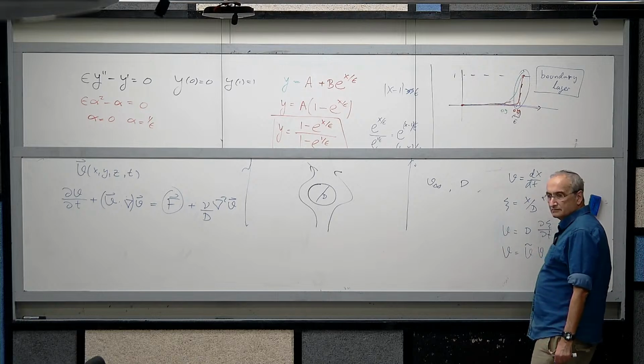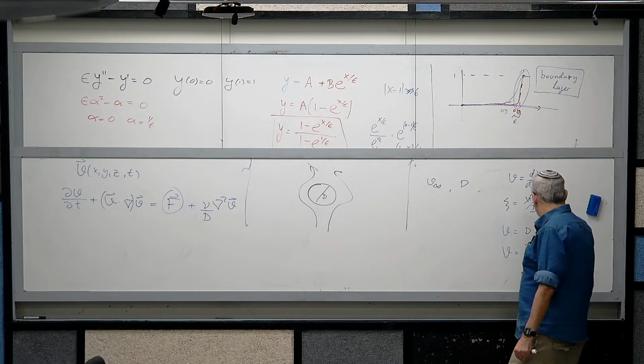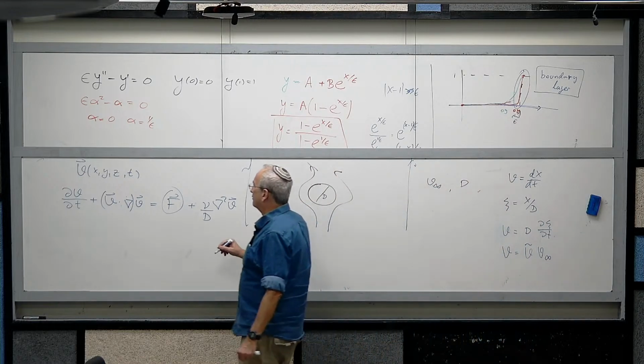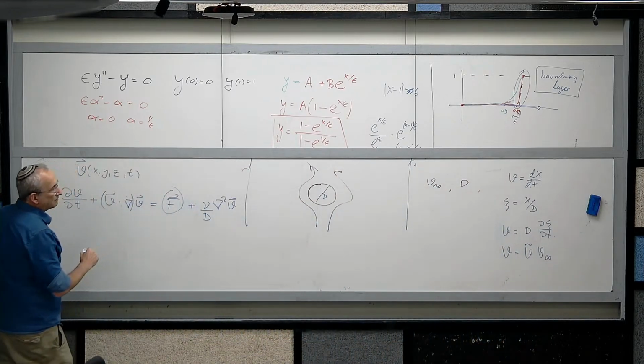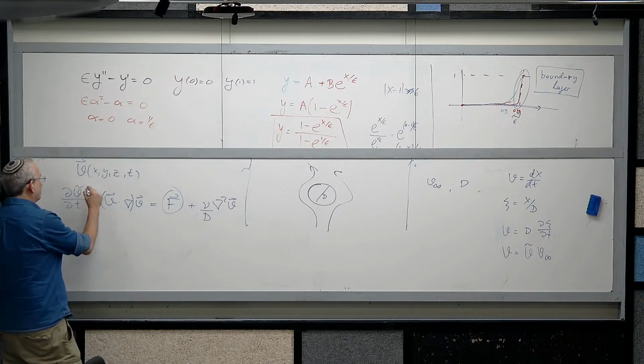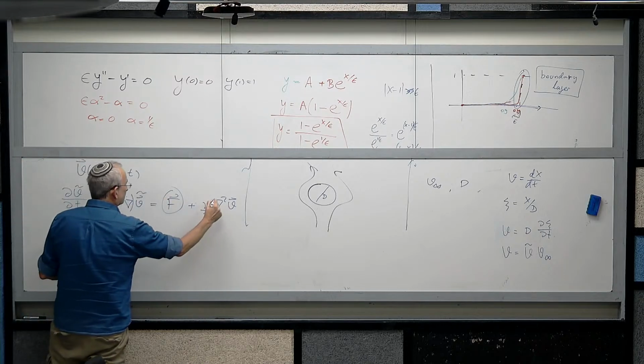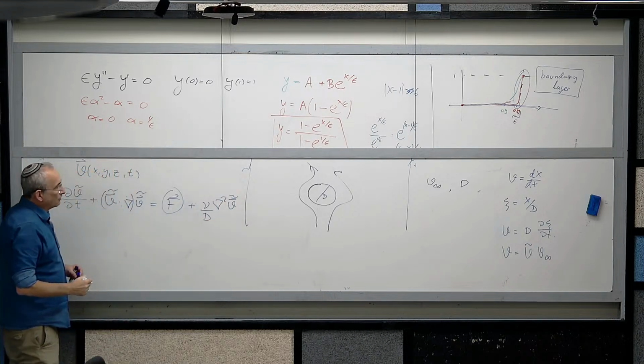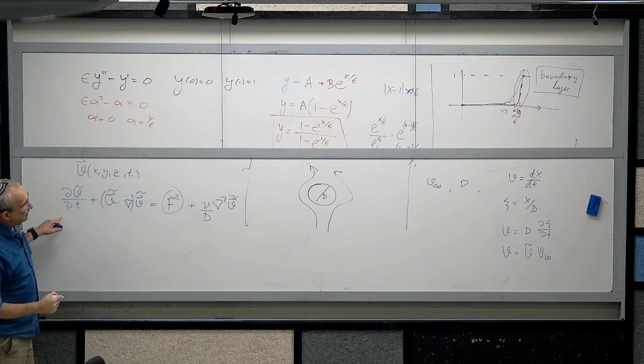For that reason, I can make every v here a v tilde, and in every place I have v, I should multiply it by v infinity.